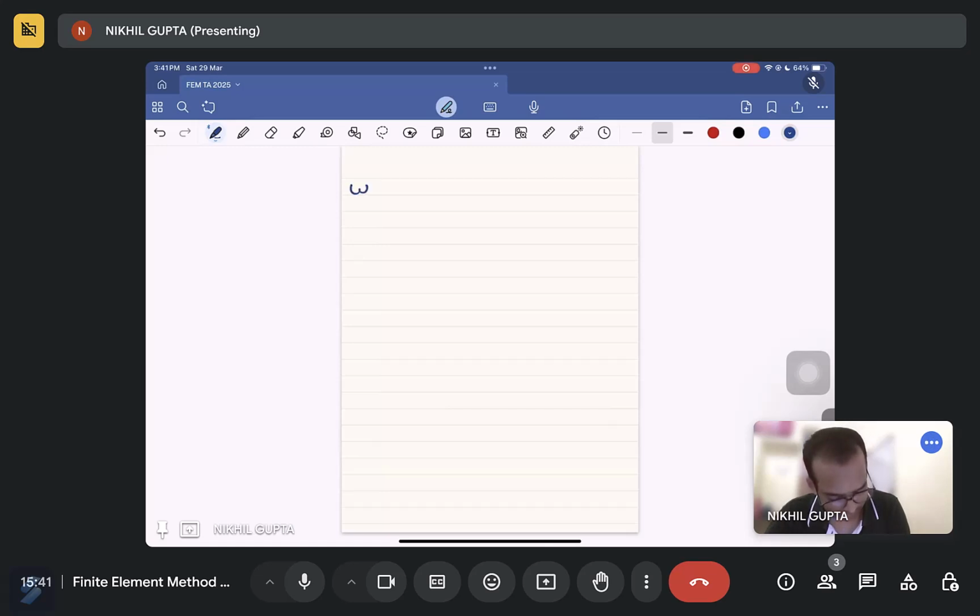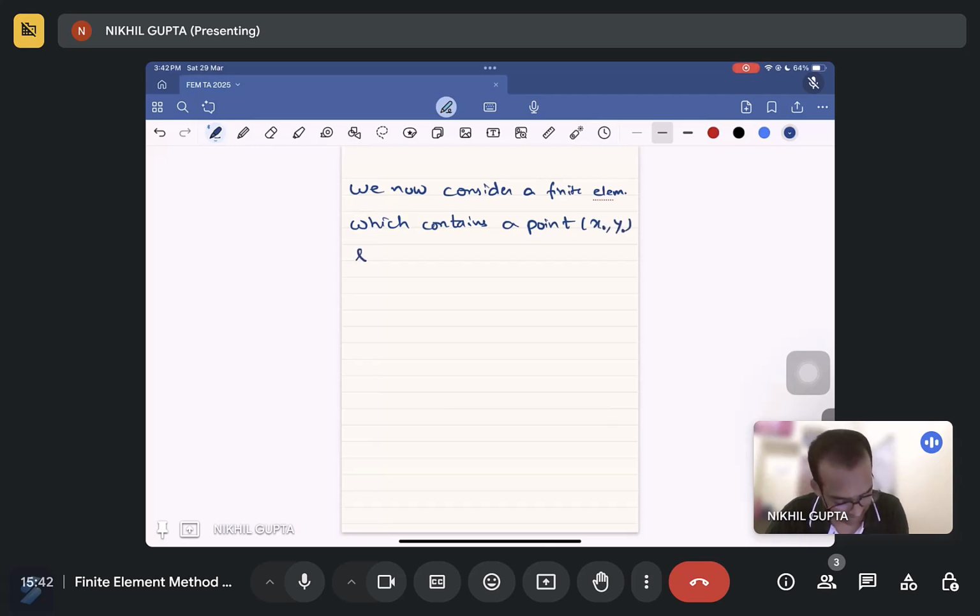So we now consider a finite element which contains a point x naught, y naught, and let h denote the maximum distance from point x naught, y naught.